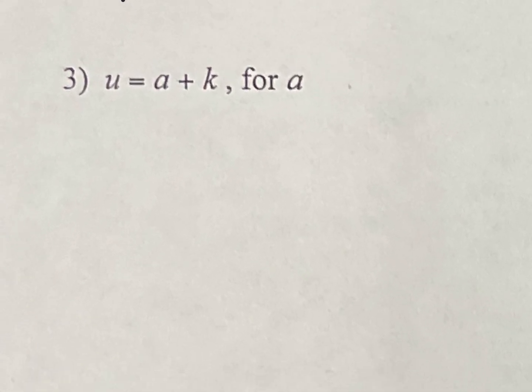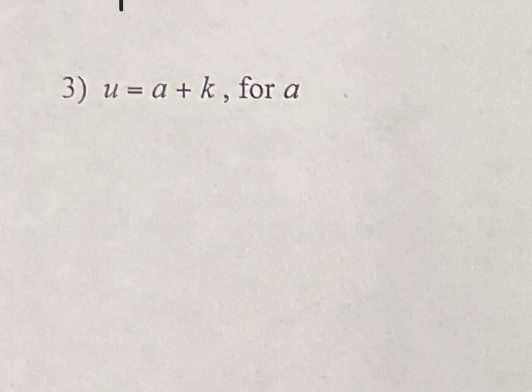So number 3, actually, y'all take your best shot at what you think it needs to be first. What are you trying to isolate? What are you trying to get by itself? What's sitting over there with it? What needs to go? And I'll work it for you in just a second. So take your best shot at what you think you need to do to get whatever variable they say to get it by itself.